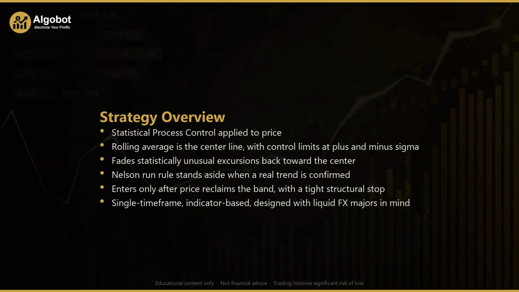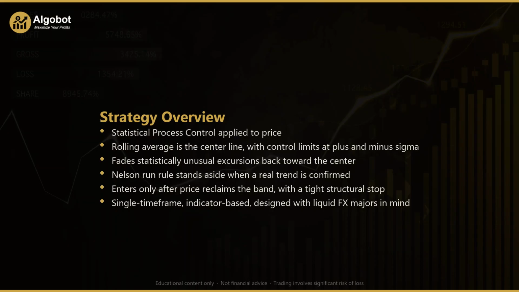It begins by calculating a rolling average of recent closing prices over a chosen window, by default 20 bars. That average becomes the center line, the statistical middle of the market. Around it, the strategy draws two control limits, placed a set number of standard deviations above and below the center. The default distance is 2.5 standard deviations, a level where a price reaching that far is statistically unusual.